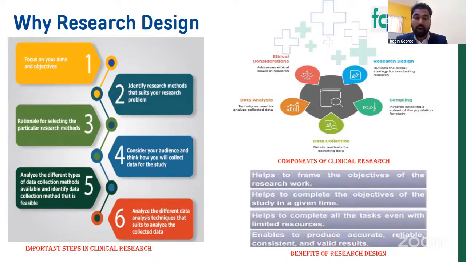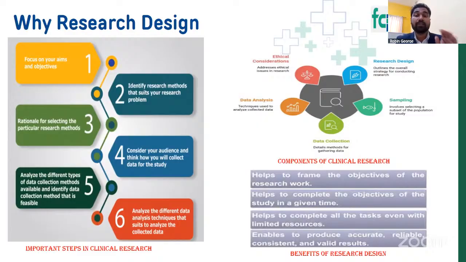You can see the benefits of taking a correct research design, because it helps us answer the objectives correctly. A correct research design will help us complete the objectives within the time frame and within the resources available.